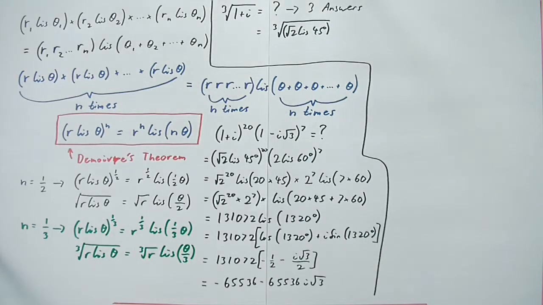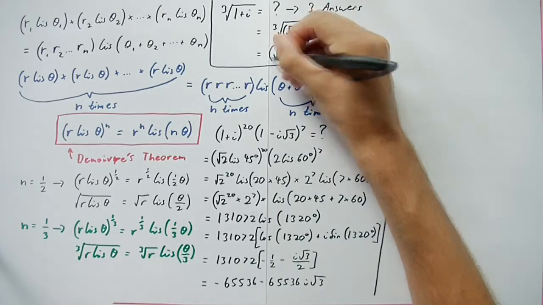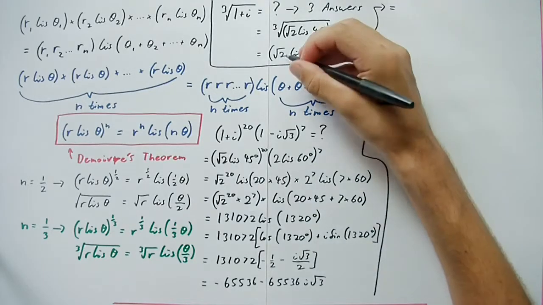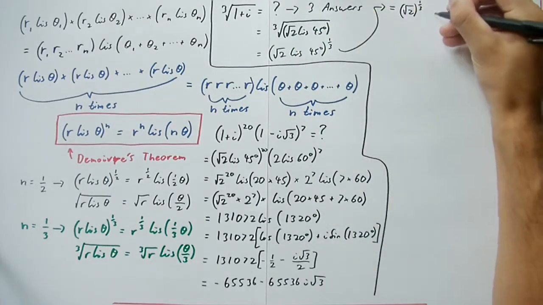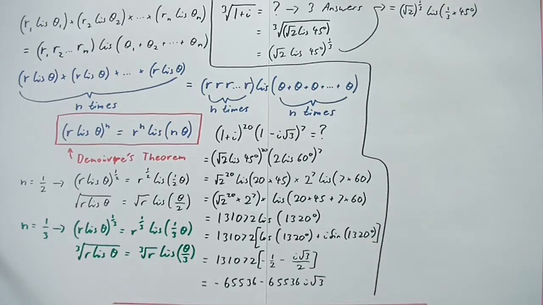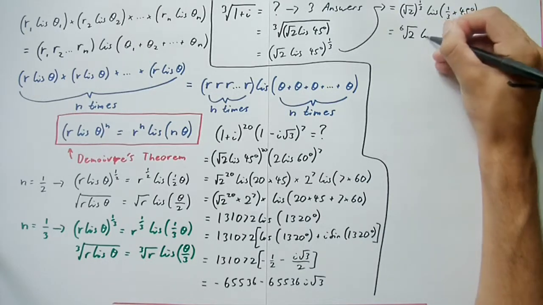First, let's change this cube root into the power of 1 over 3, and so we have the square root of 2 cis of 45 degrees to the power of 1 over 3. Now De Moivre's theorem tells us that this is equal to the square root of 2 to the power of 1 over 3 times cis of 1 over 3 times 45 degrees. And that then simplifies to the 6th root of 2 times cis of 15 degrees.